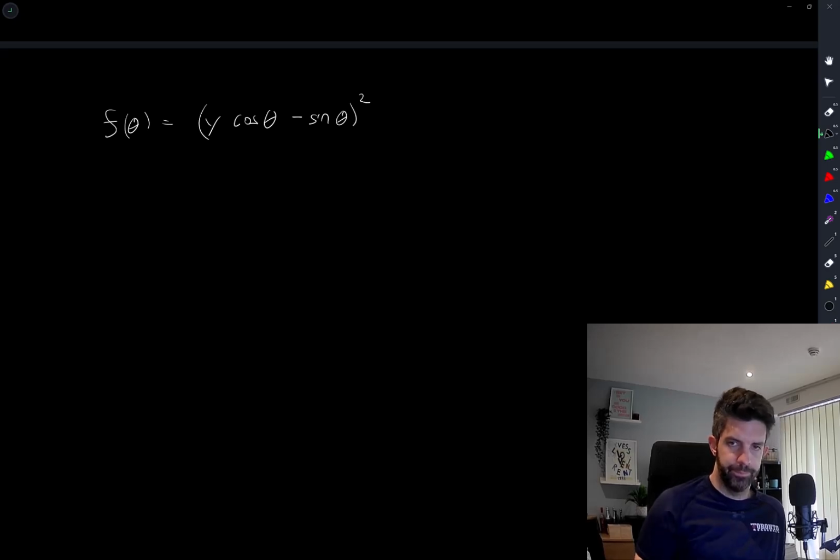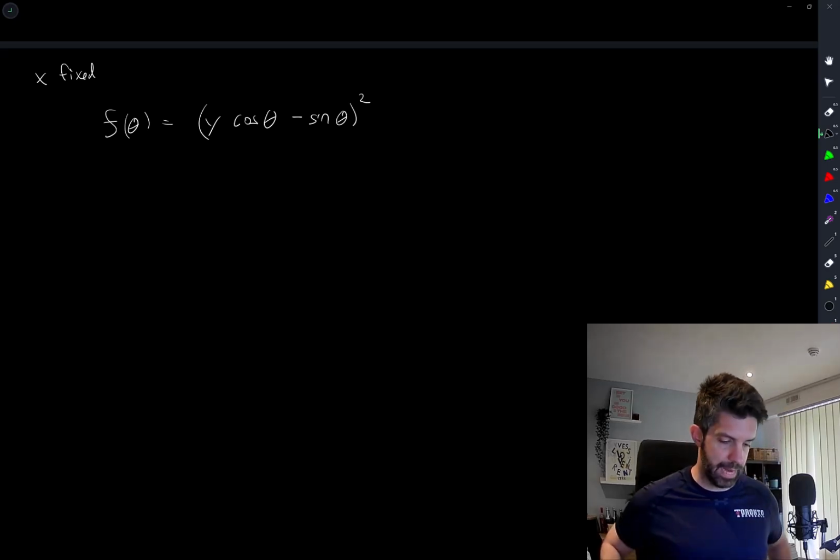Okay. F of theta is equal to (y cosine theta minus sine theta) squared. And so x is fixed. Maybe I should call this f of x and theta.